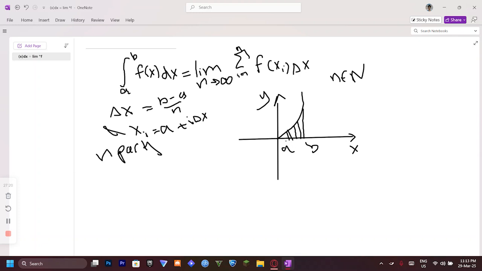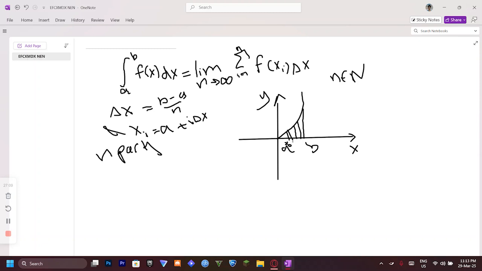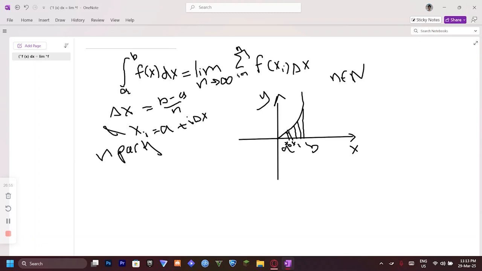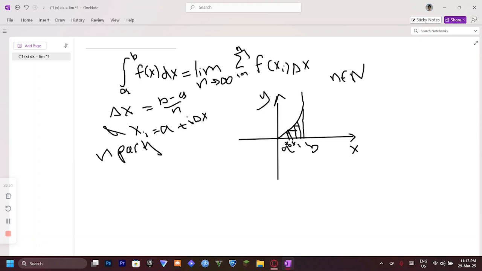So the width of one of these rectangles is (b minus a) over n, and you take the value at, let's say this is x0, this x1, this x2, and so on. You separate it into n parts, take the value at some x, and multiply it by delta x, and so on.